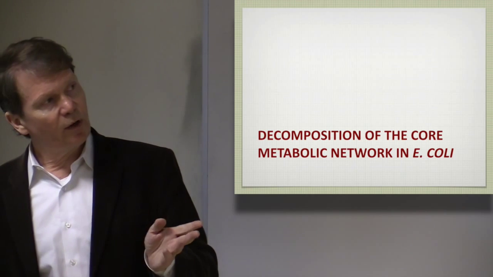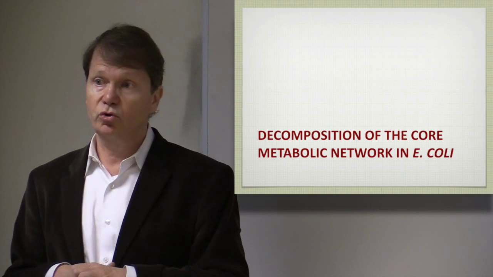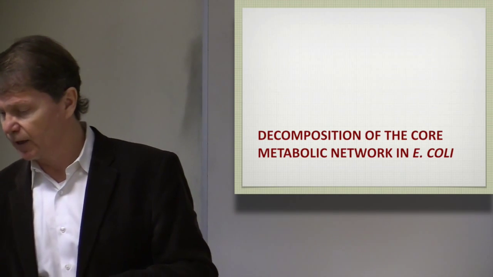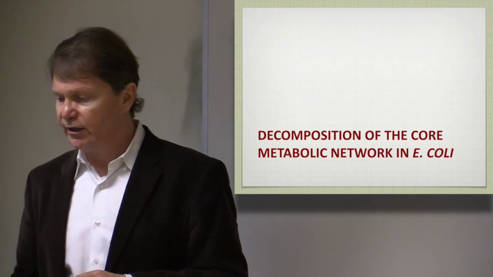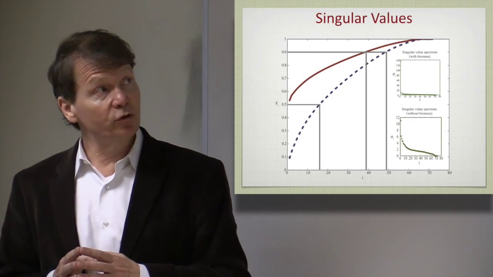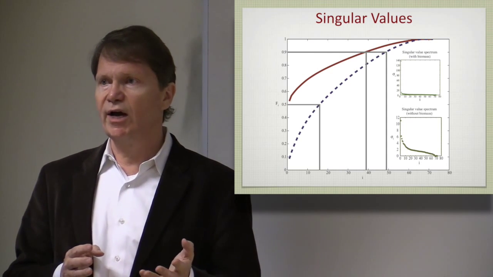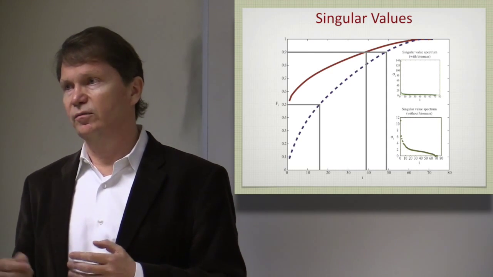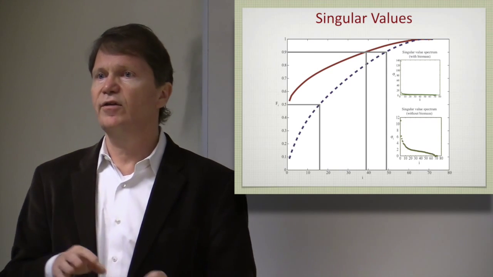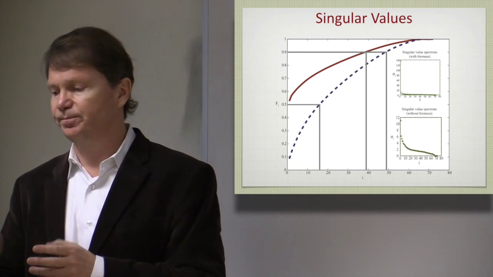So we're going to be working with the core metabolic network in E. coli that you've been introduced to from time to time. This slide shows the singular value spectrum for that matrix without the biomass reaction and with the biomass reaction. So one is just the network itself, the other one is the network plus that functionality of synthesizing biomass.